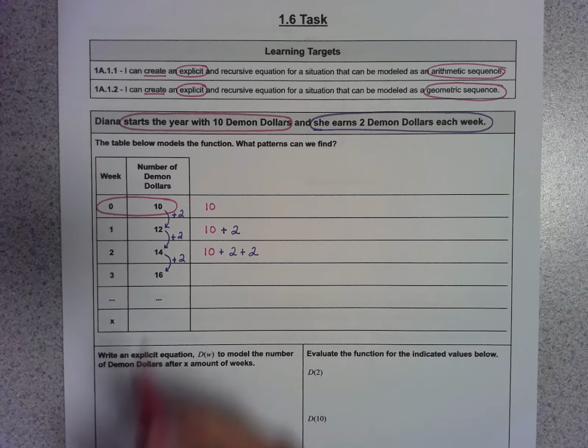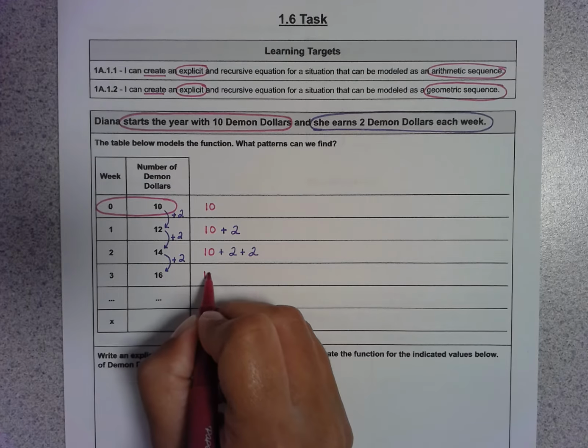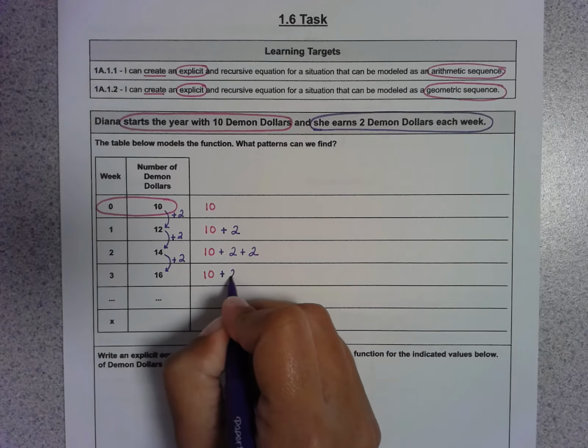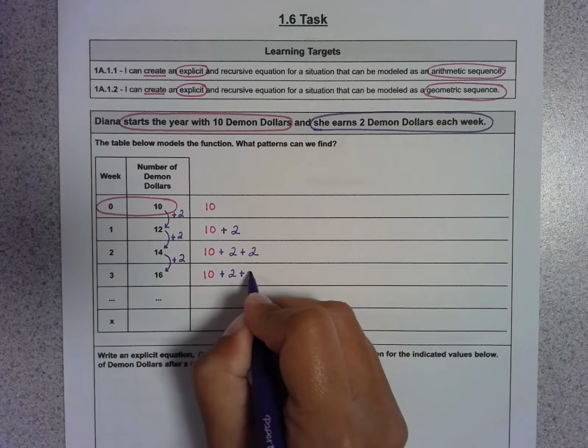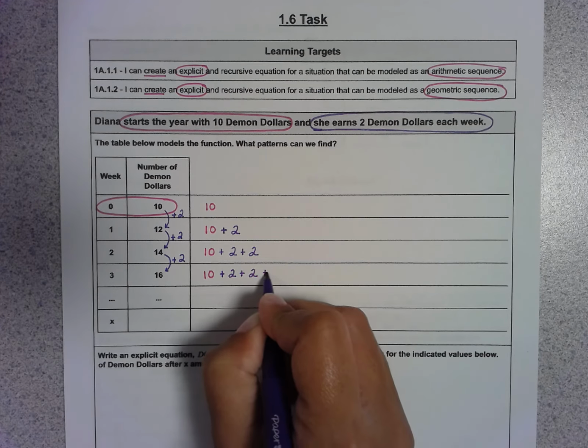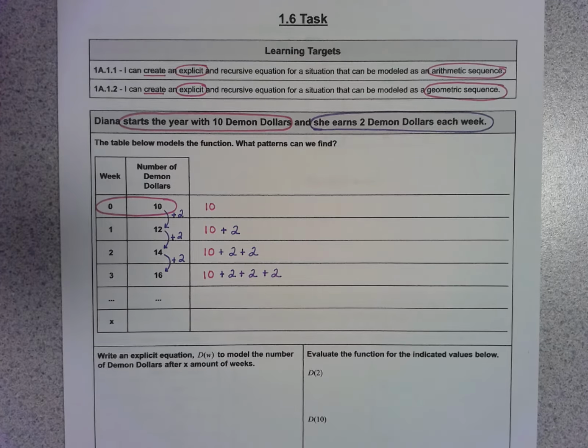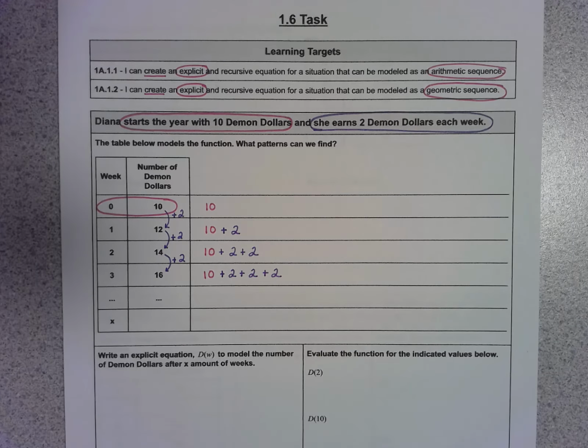And we could continue this by saying that 16 is really the 10 that we started with plus the 2 that we added the first time plus the 2 we added the second time, plus another 2, because as we go down the table, we're adding 2 an extra time for each row.